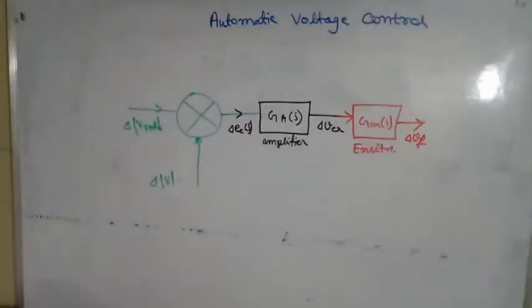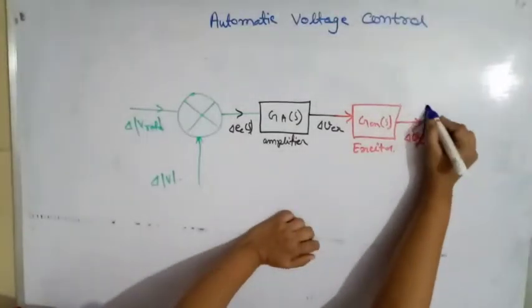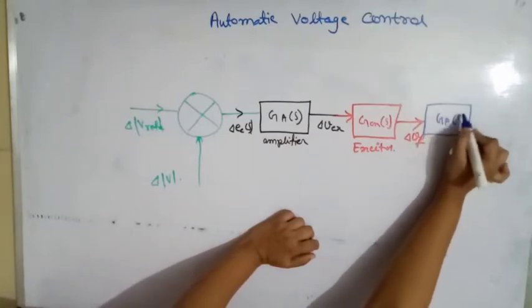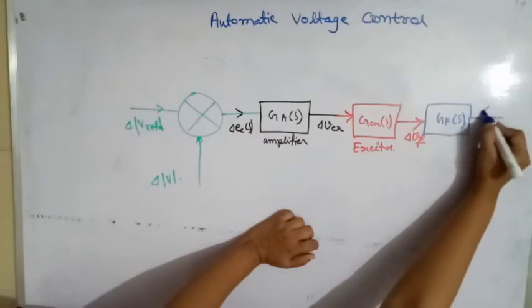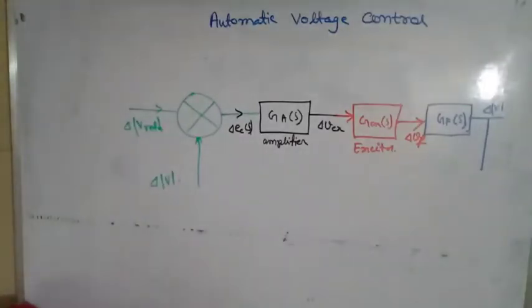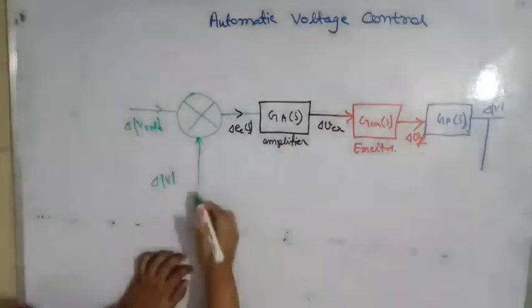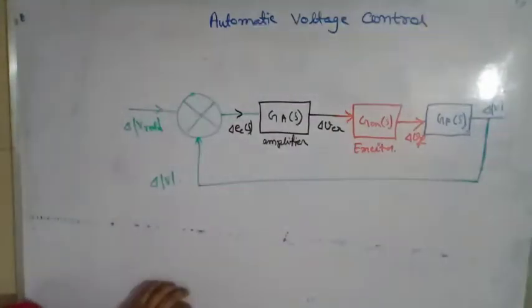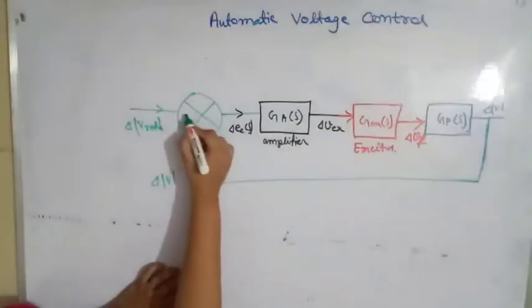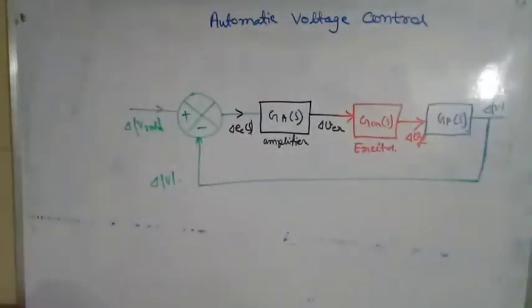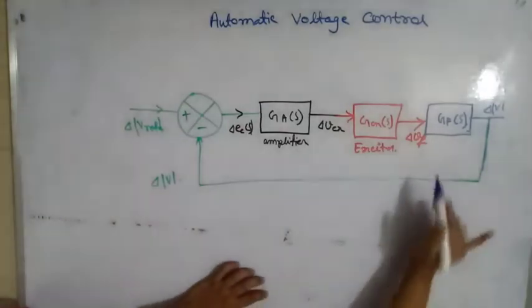Next is the alternator or generator field, whose transfer function is GF(s), with output delta V. Now this is the generator field.